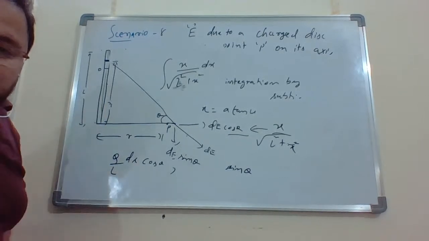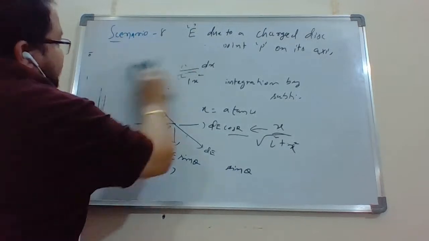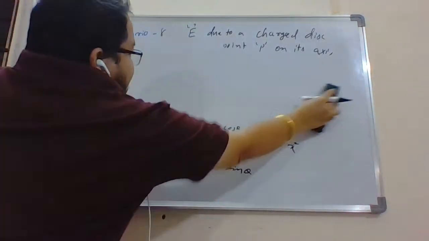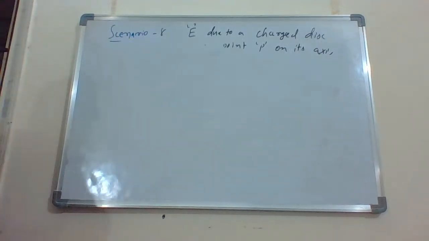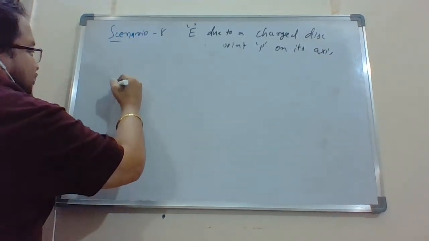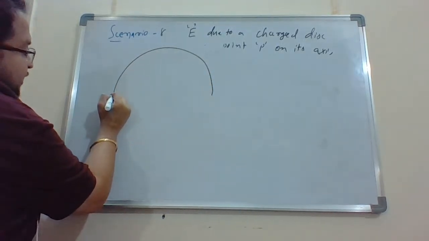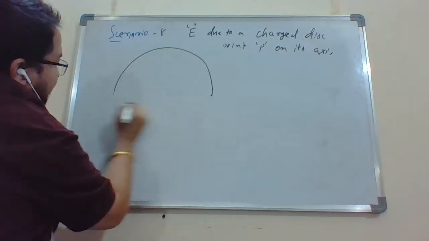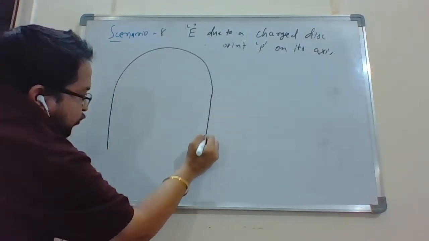Okay. One more last thing for the day before we wind it up. One more thought-provoking scenario. Say we have a semicircular ring, and here we have added two rods also.